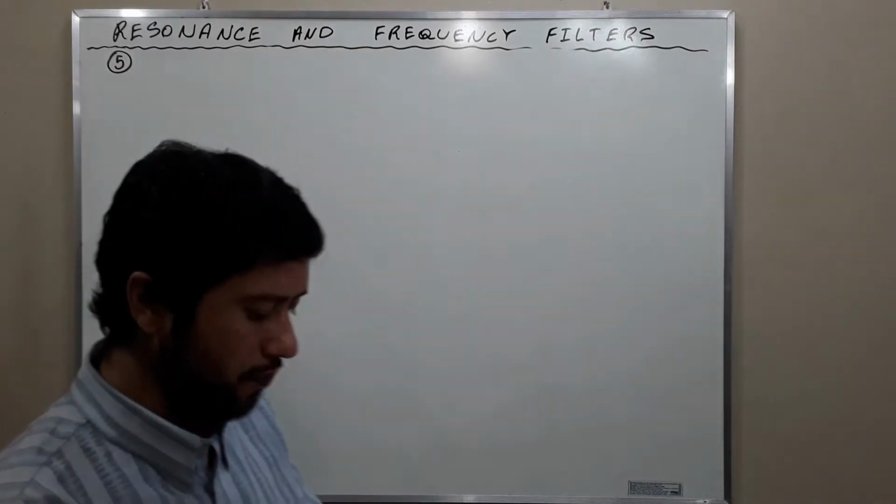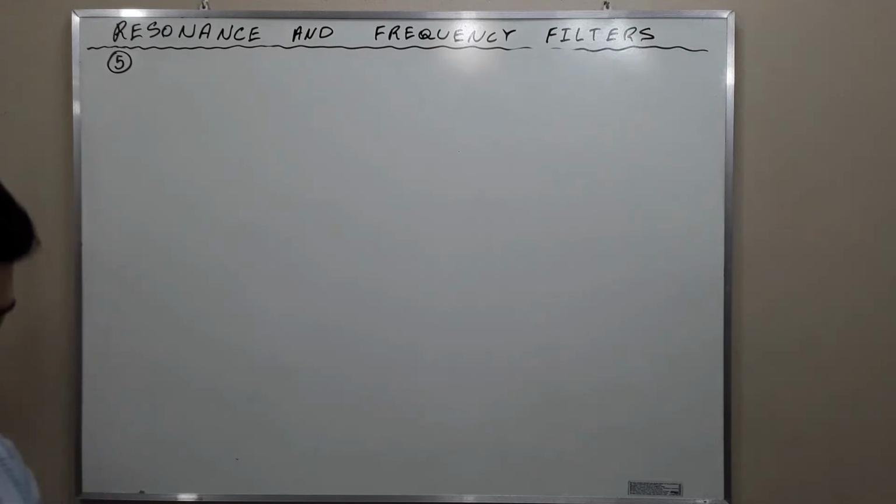Exercise number 5. Determine the corner frequency of a first order high pass filter that has a transfer function magnitude of negative 30 decibels at the frequency of 60 hertz.